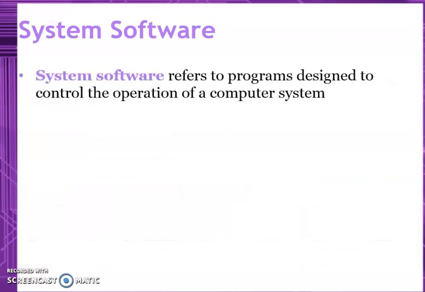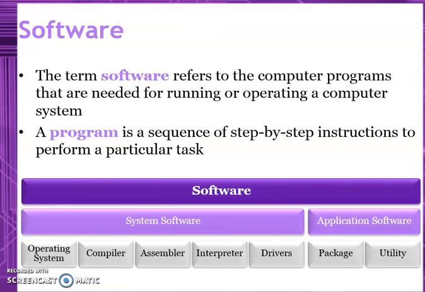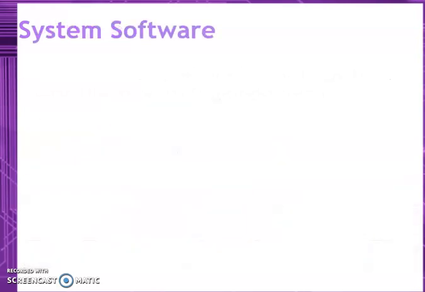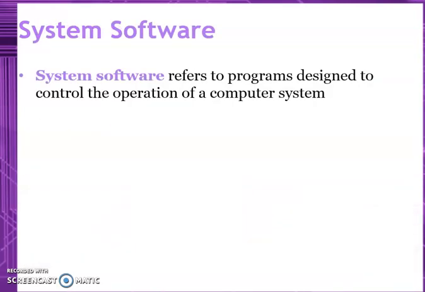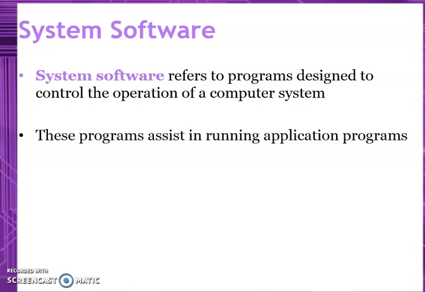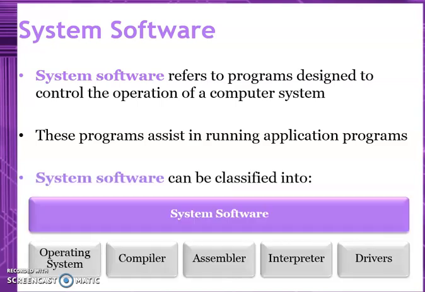Then system software: what is system software? It refers to the programs designed to control the operation of the computer system. It assists in running the application programs.